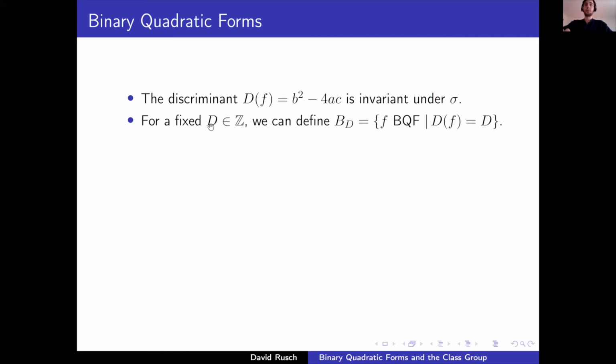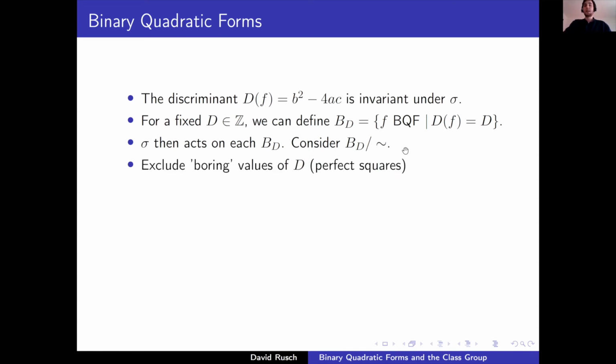So we can fix the discriminant and we can define the set BD. Those are just the forms with this particular discriminant D. And now since the discriminant is invariant under the action sigma, we can restrict the action to each of those sets BD, and then we can consider the equivalence classes inside of the set BD.